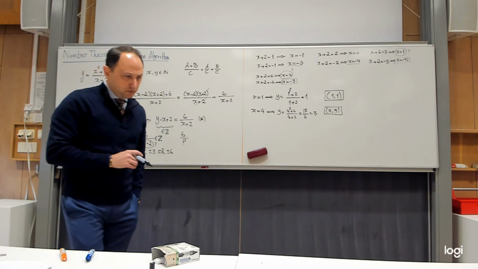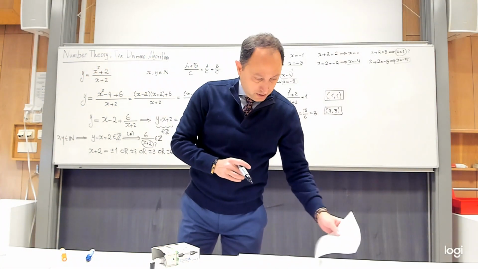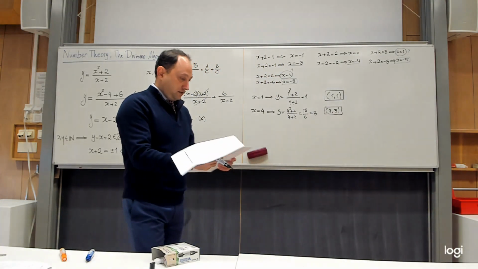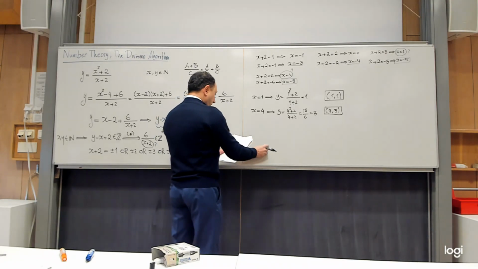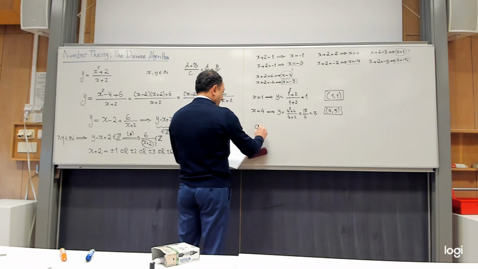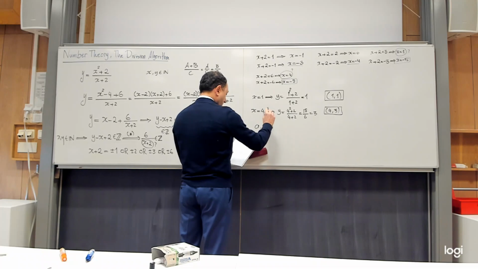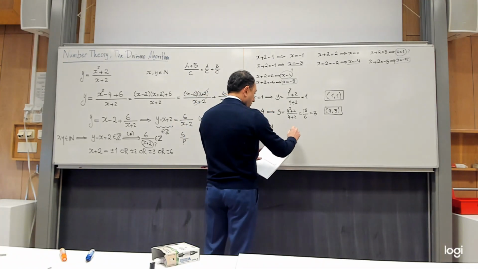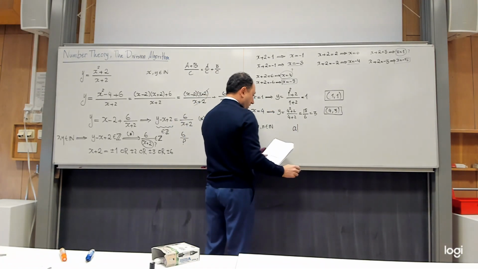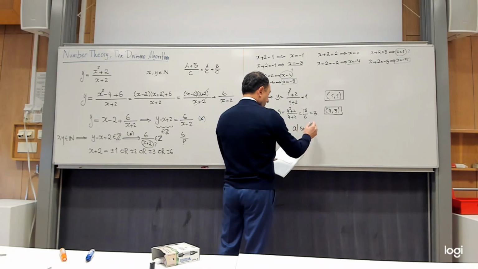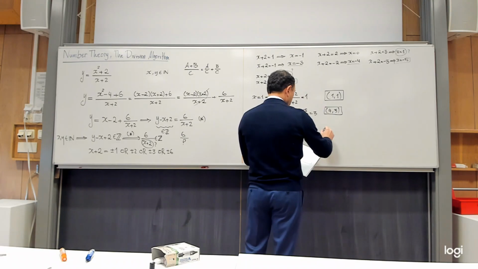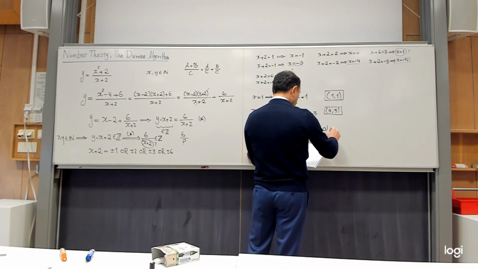I don't remember what it was, okay, I have it here. The next problem was this. You have A and n natural numbers, and then you know two pieces of information. You know that A divides 5n plus 3, and you know that A divides 9n plus 4.